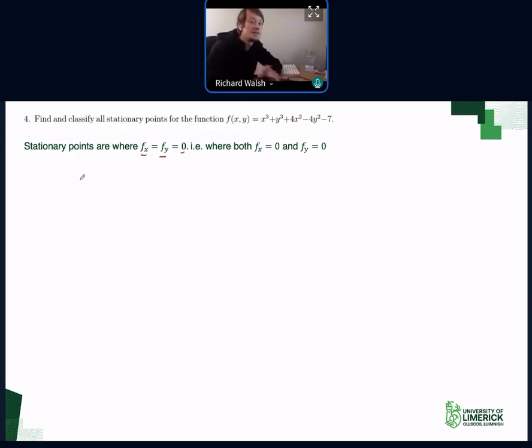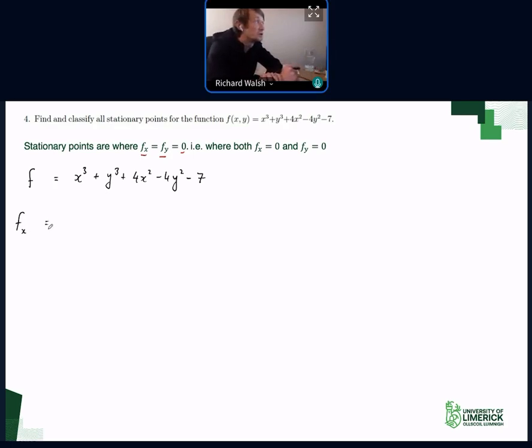So our first job is to work out the first partial derivatives. I'll write down the function: x cubed plus y cubed plus 4x squared minus 4y squared minus 7. We have to find the first partial derivative of the function with respect to x.